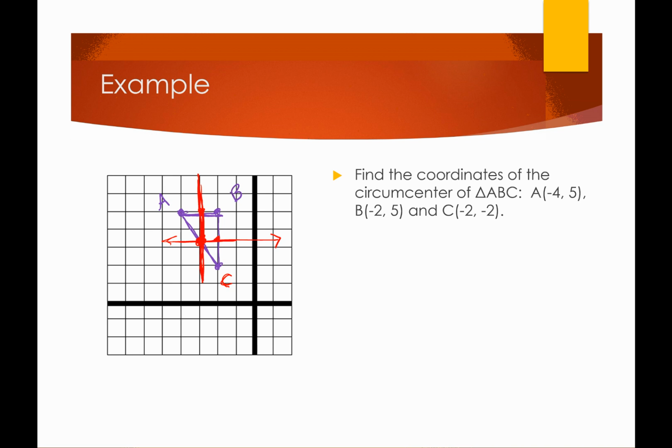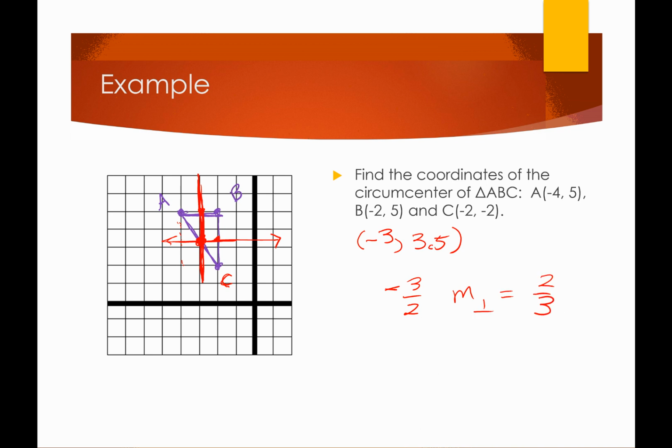So it looks like right now we are at (-3, 3.5) for my circumcenter. So if I start at that point, my slope of AC, looking at this picture, I'm going down 3 and to the right 2. So my slope would be -3/2, and my slope of my perpendicular would be +2/3.